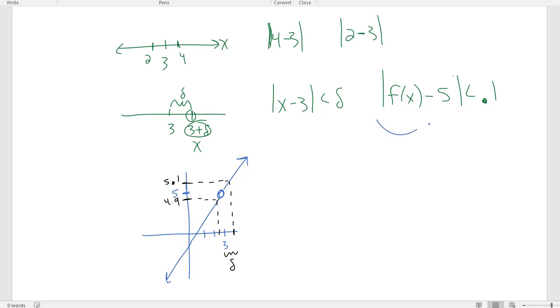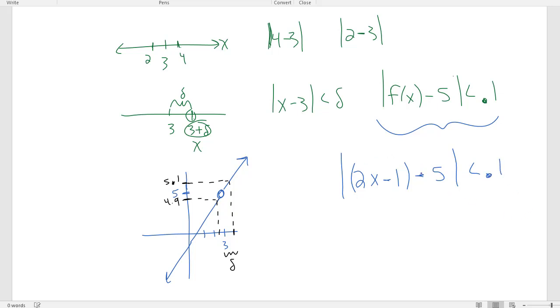All right, so let's take a look at this expression here for just a moment. So again, we want to be within 0.1 of our limit value of 5. So we want the y value to be a distance of 5 that's less than 0.1. That was what we're drawing visually here. And I'm going to replace the f of x with the equation that we had up at the top of our notes. So we have the graph 2x minus 1 when we're close to 3. And we want its distance from 5 to be less than 0.1.